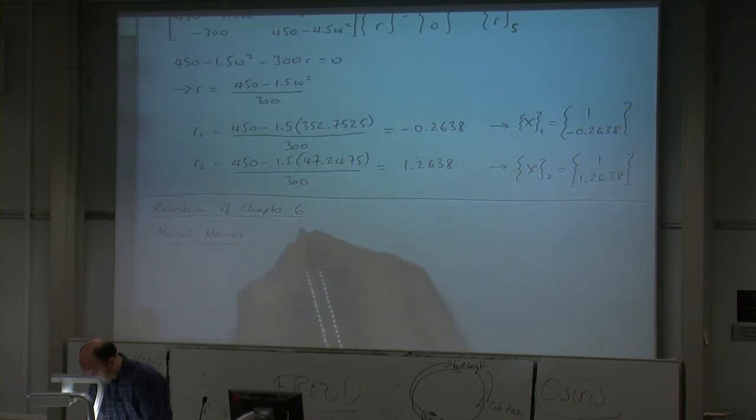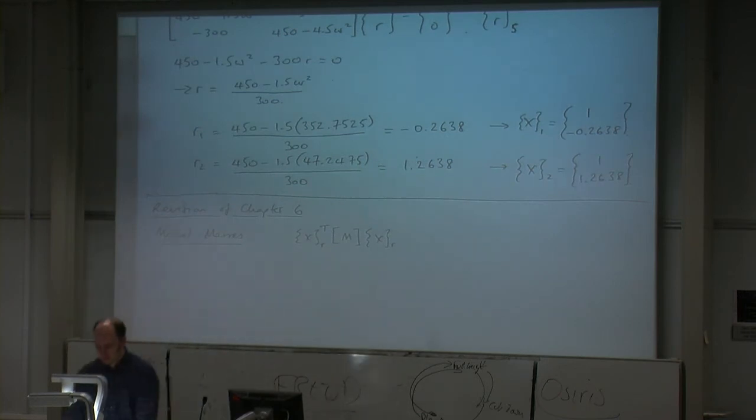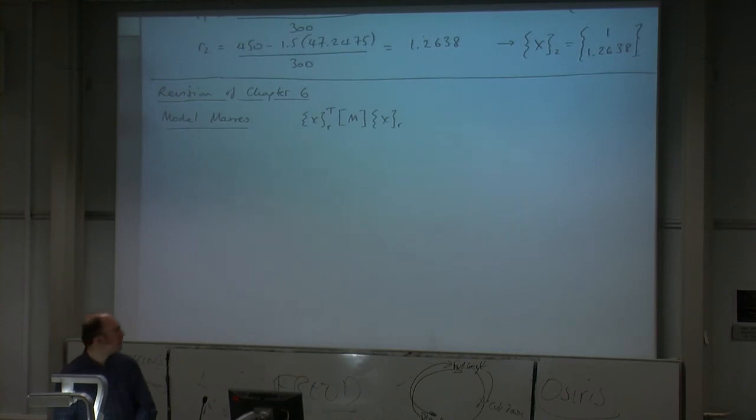The equation for modal masses was you take your mode shape, xr, I'll call it, transpose it, and multiply that by the mass matrix and then by xr. That's the equation. For the first mode, r will be 1.